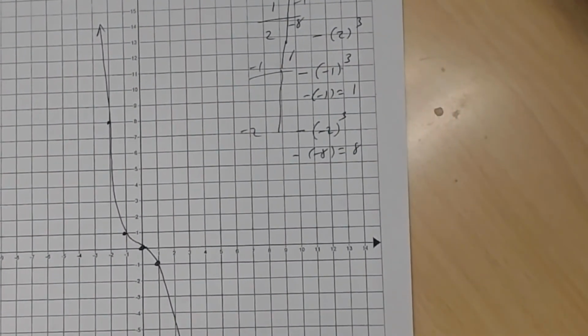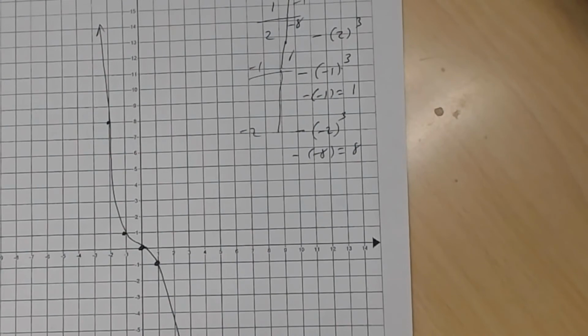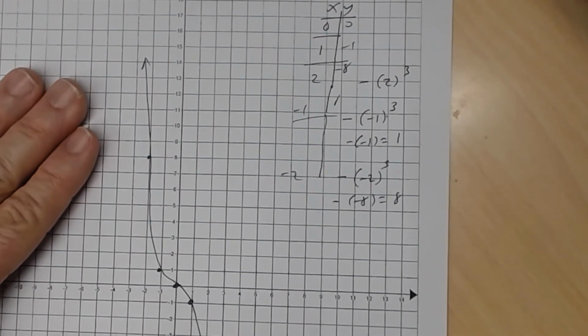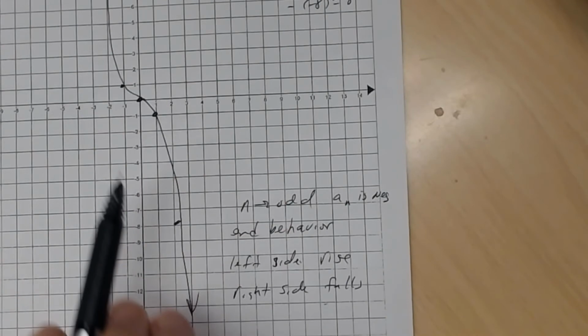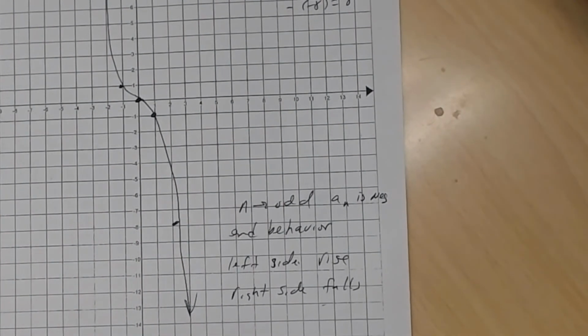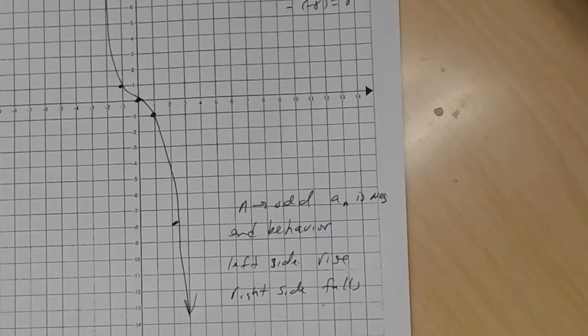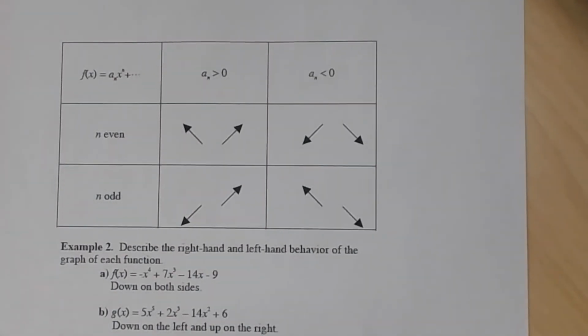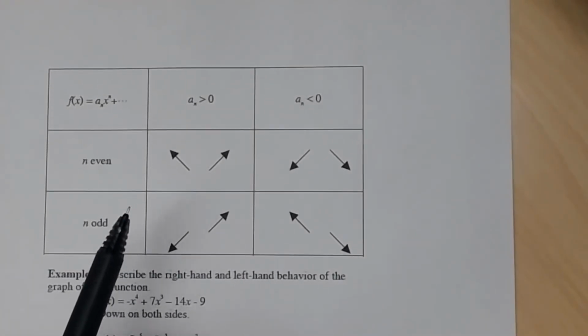So left side rises, right side falls. Okay? Now, this table should help you to understand this a little bit better.